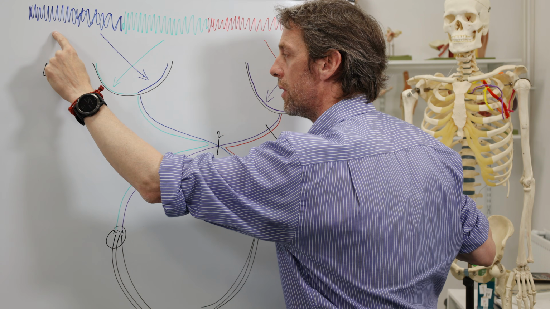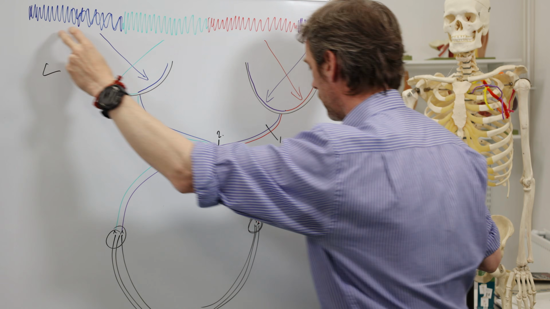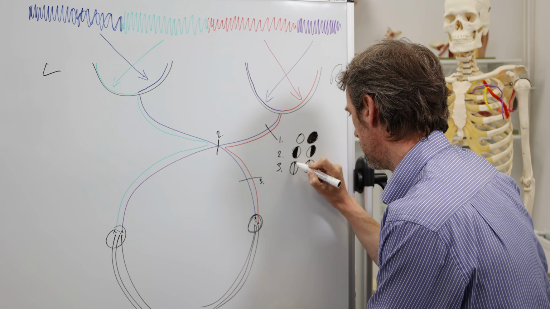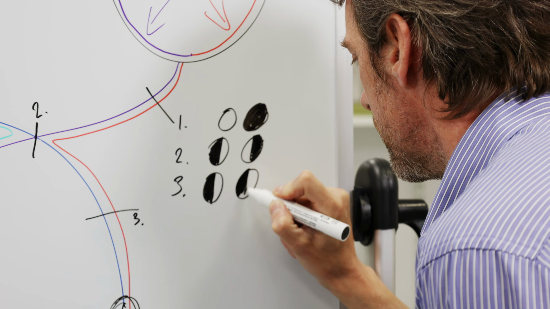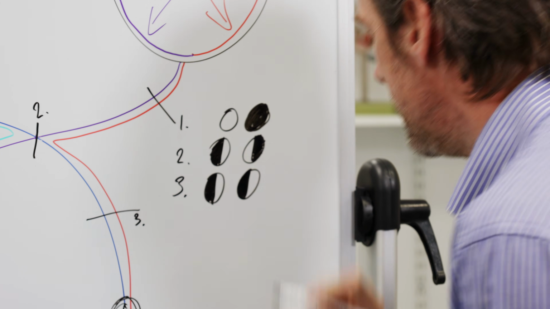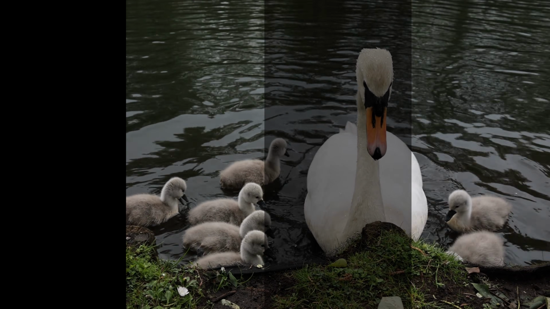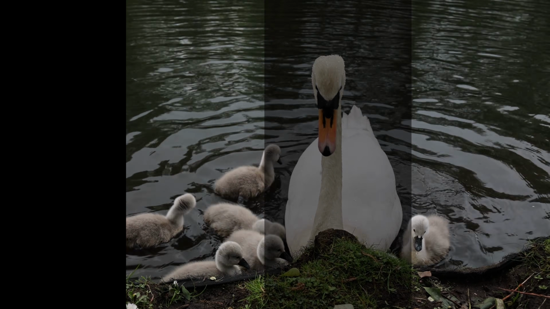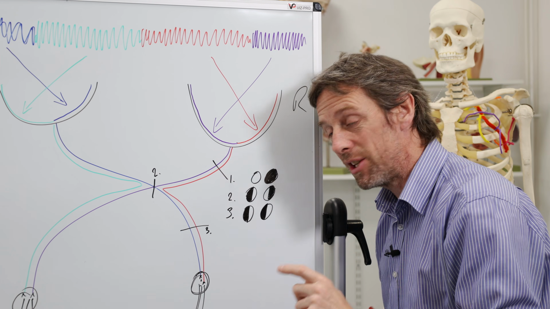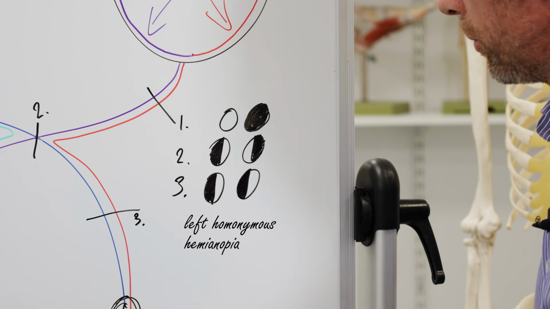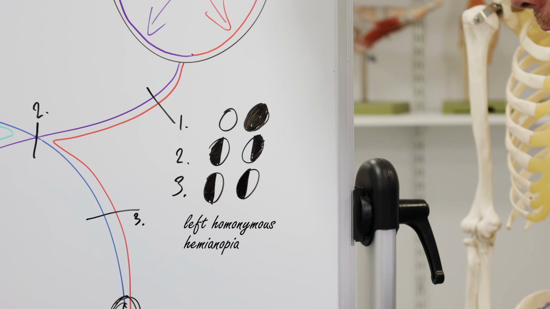So you'd lose the left lateral, left temporal part of your view. So you would lose these partial fields of vision. That is known as, or it's on the left side, so that would be left homonymous hemianopia.